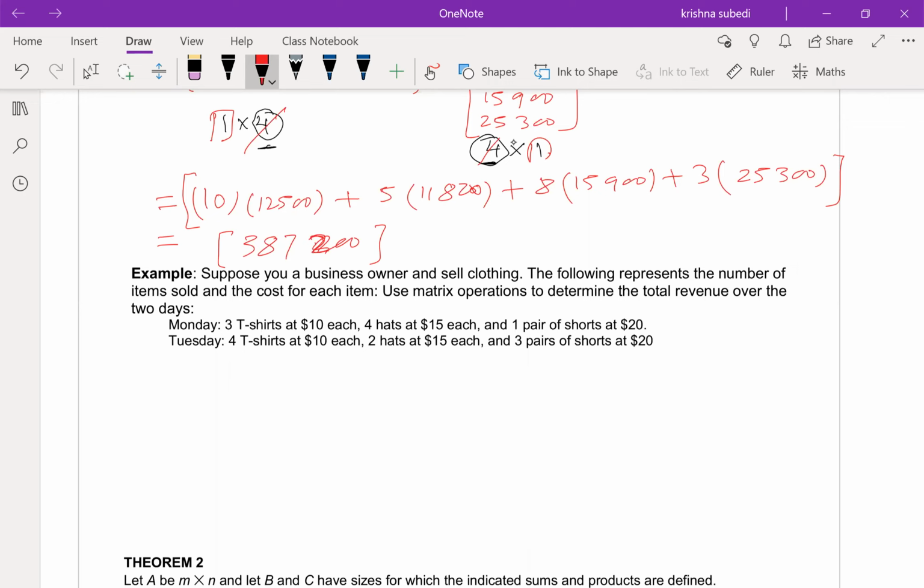Once we change this into matrix, then we can solve it easily. And this kind of matrix multiplication is extremely important in computer programming. If you have done any computer programming, I think you know the importance of this.